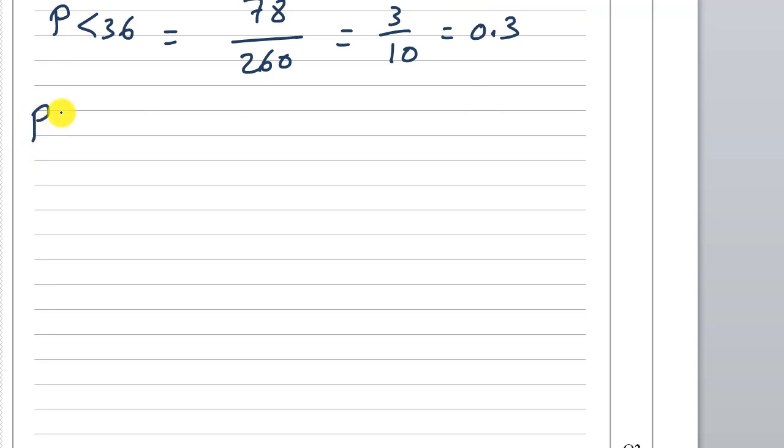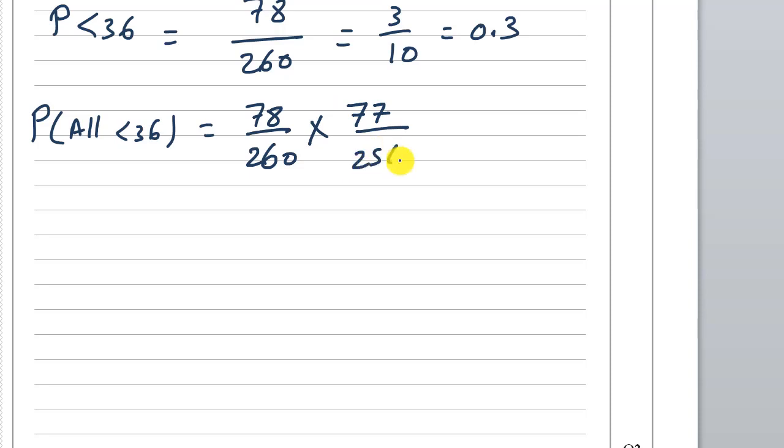Now, what is the probability of all? The probability all less than 36 is equal to 1 from all, multiplied by 1 from the remaining, multiplied by 1 from the remaining.